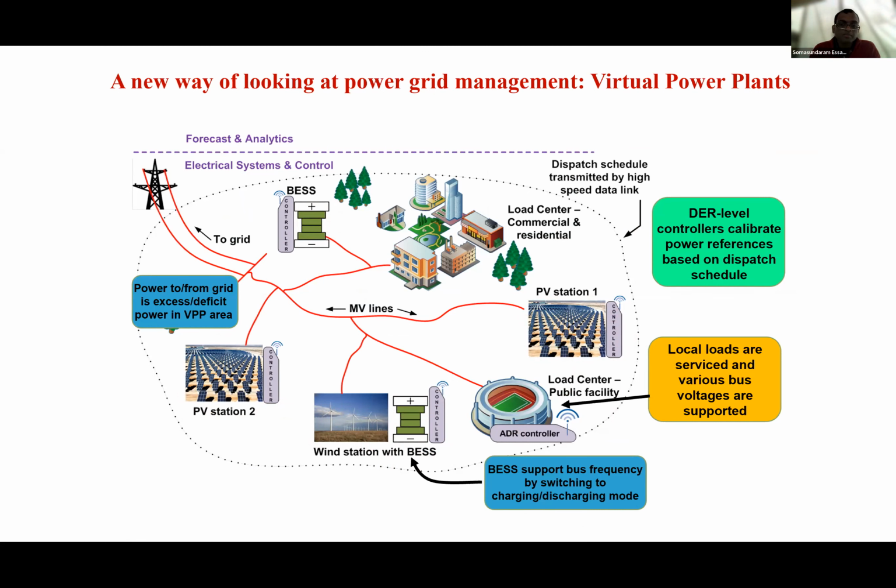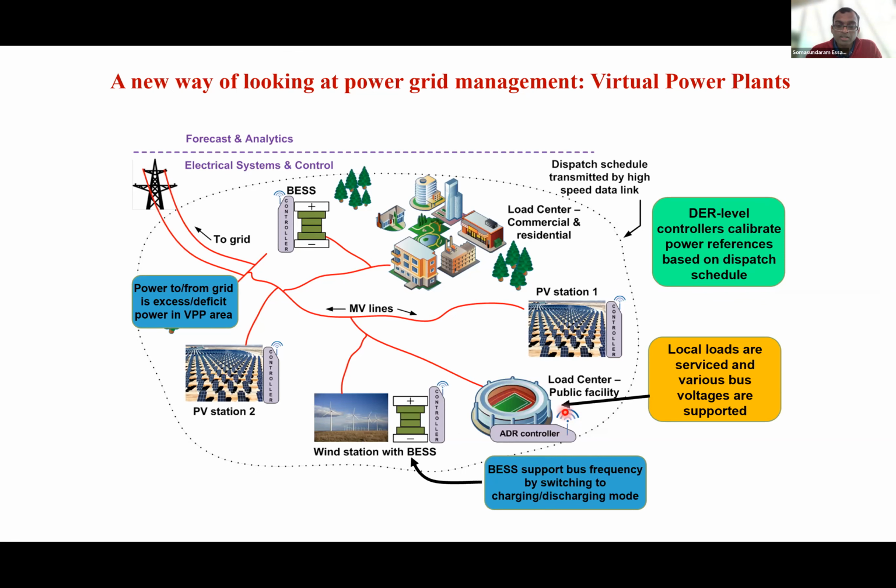So what this dispatch tells the controllers of these various generation devices, if you will, is, hey, tomorrow by this time, you need to create so much power. And we know that that much power is possible because we have made that prediction using weather forecast and load forecast information.